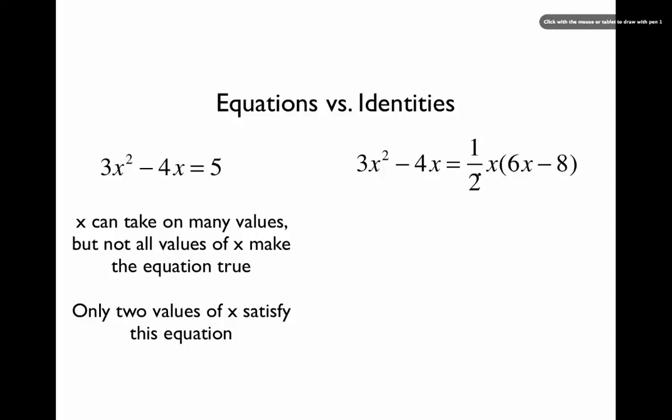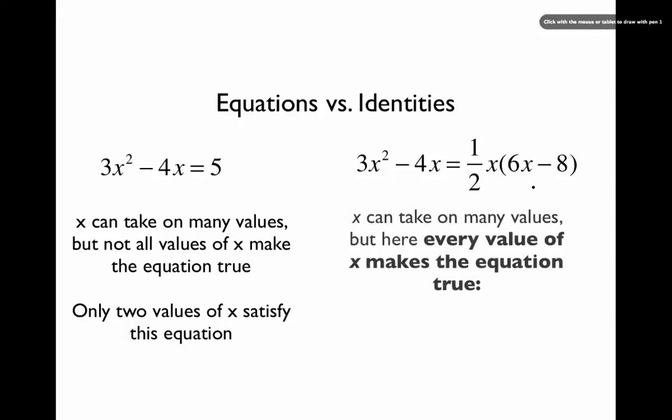Really these expressions are truly equal. So x takes on many values. In this one, every value makes the equation true. Let me just do it here. So 1/2 x times 6x is 3x squared. 1/2 x times minus 8 is minus 4x.